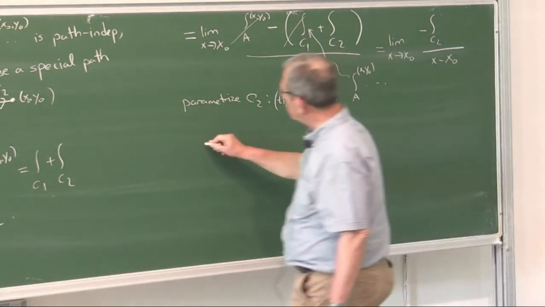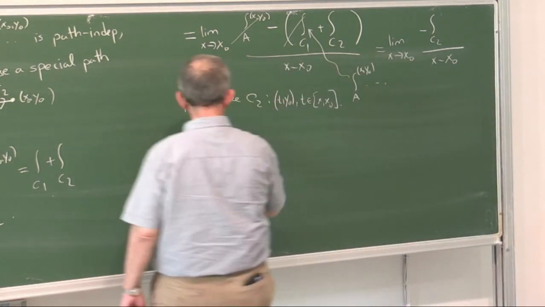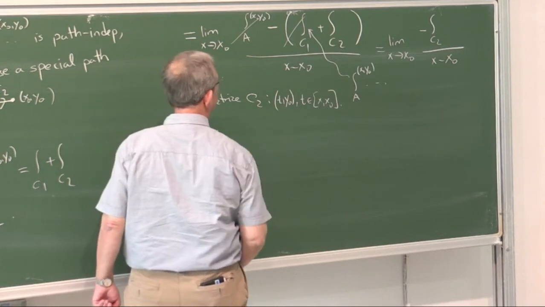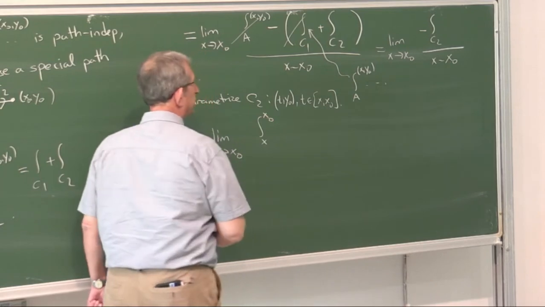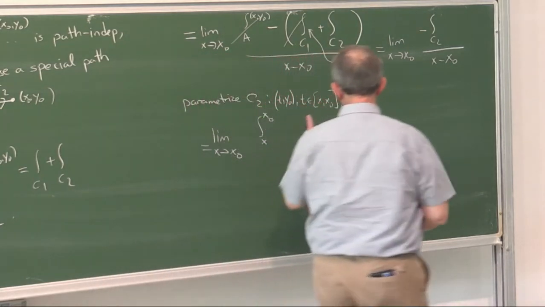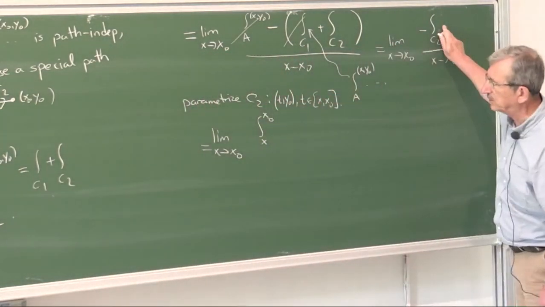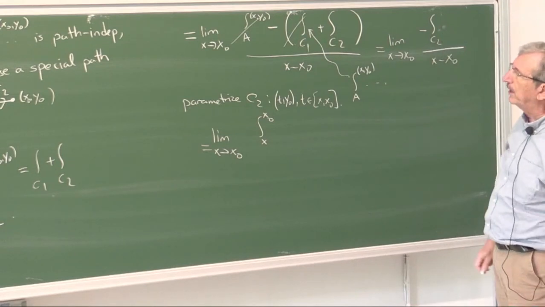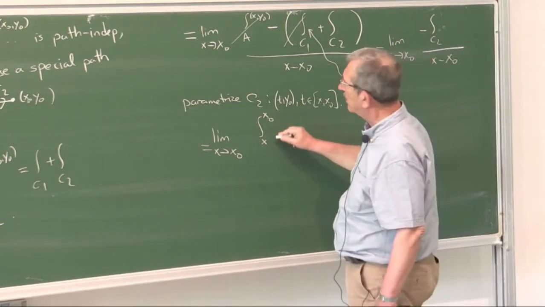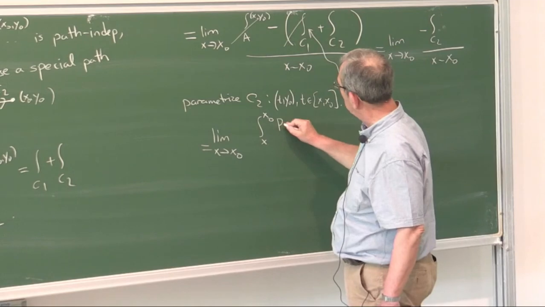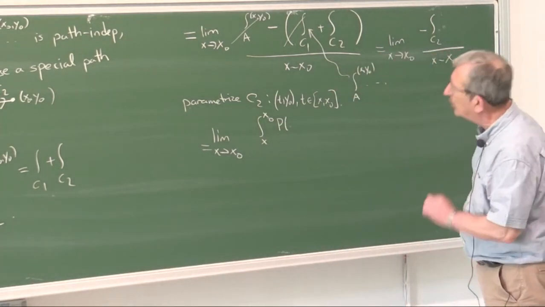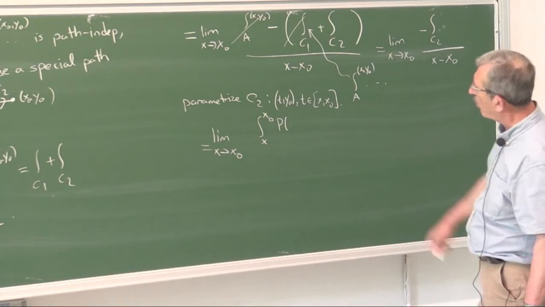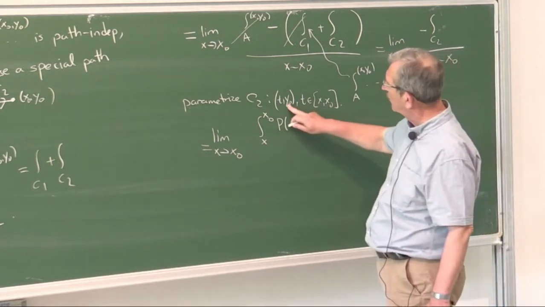So this becomes the limit as x goes to x0. That is, we are parameterizing C2. So we have here P. We are now on C2, and therefore y is fixed at y0.